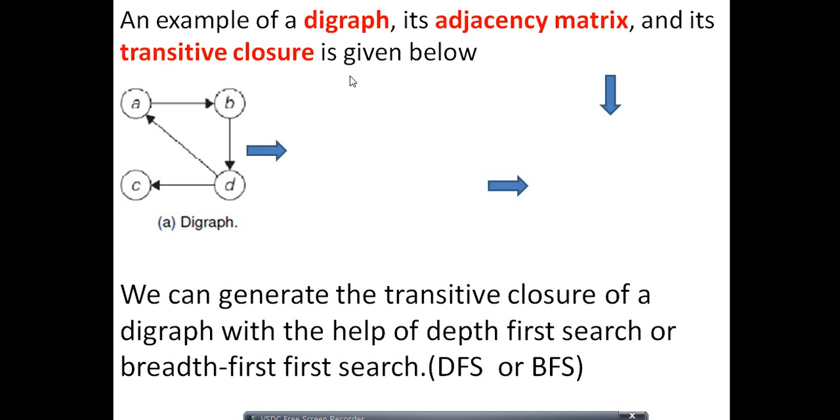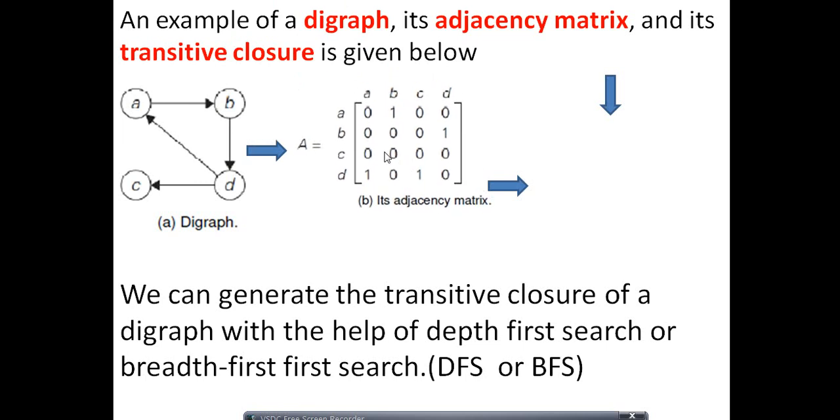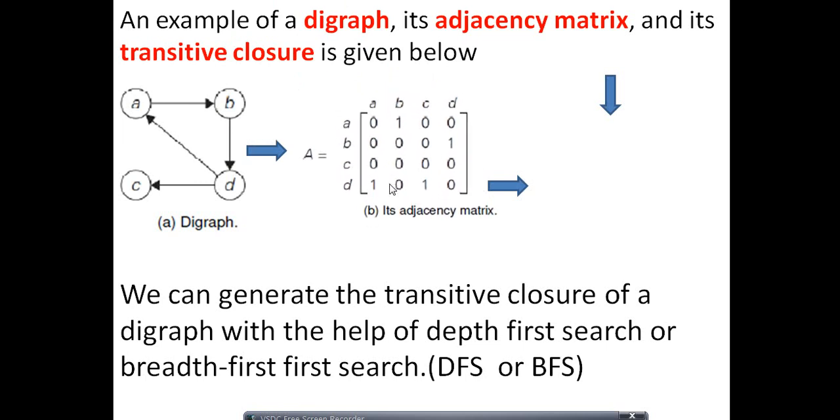An example of a diagram, its adjacency matrix and its transitive closure is given below. See, this one is the diagram. We have to make its adjacency matrix. This is what? The adjacency matrix. See here, this matrix has only 1 or 0. If there is a path, for example A to B, the path exists, so the value is 1.